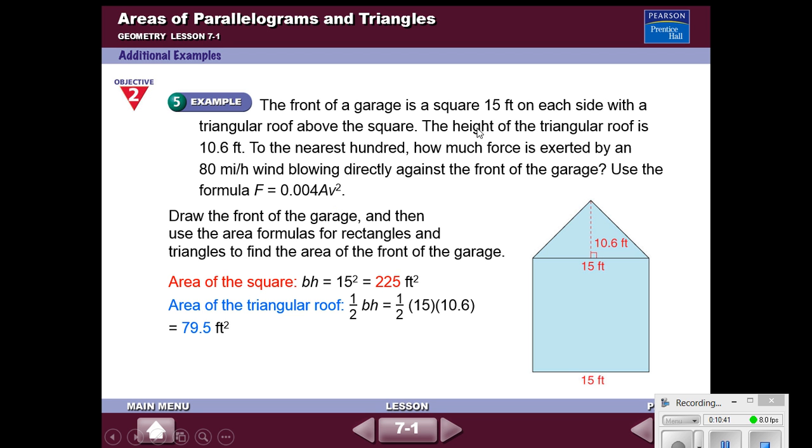My wind speed velocity is 80 miles per hour, so I'm going to put all that information in. My total area of the garage front, which is of course the square and the triangle added together, is 304.5 square feet.